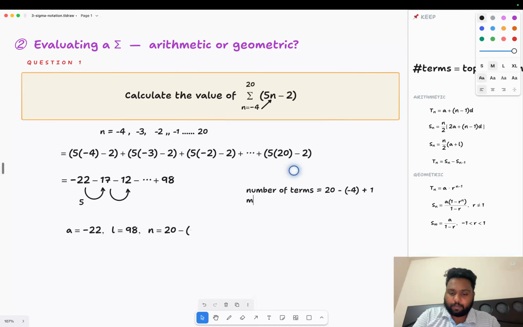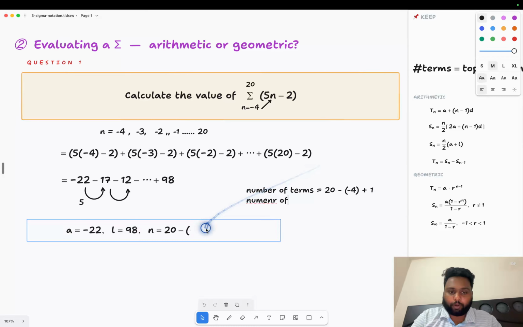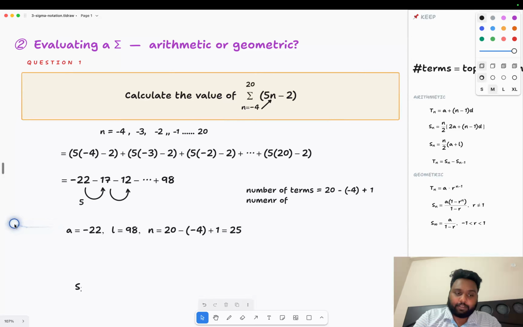So the number of terms is going to be 25. There are 25 terms in this series.